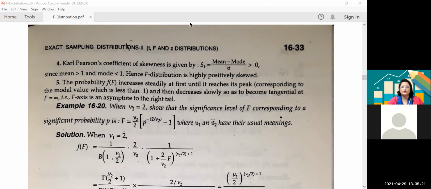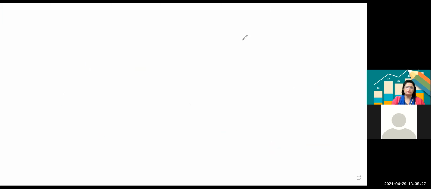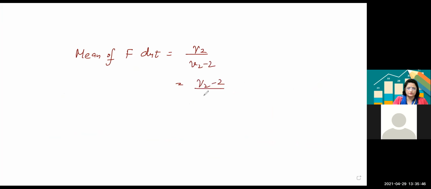So what is the mean? Mean of the distribution is V2 upon V2 minus 2. This is equal, so introduce minus 2 and plus 2.